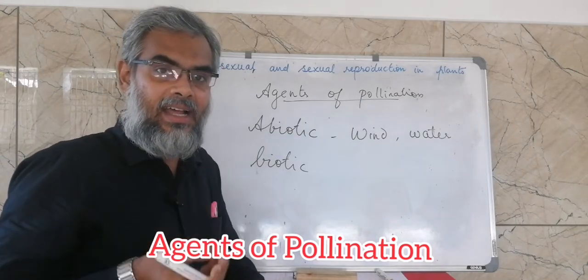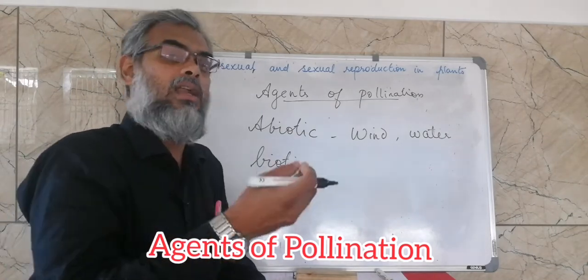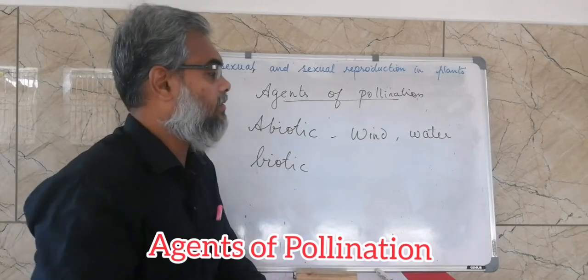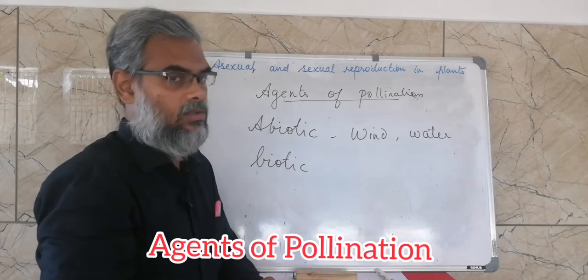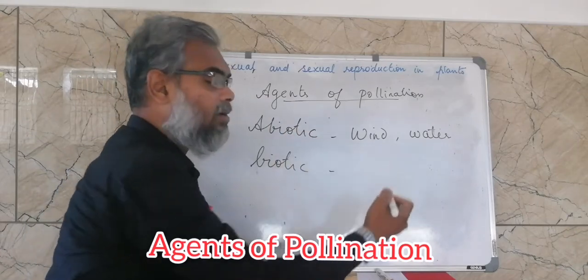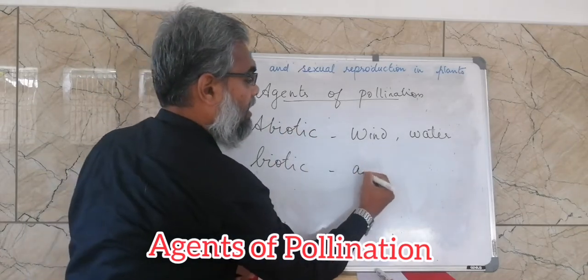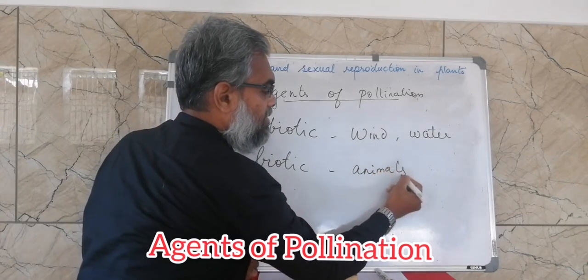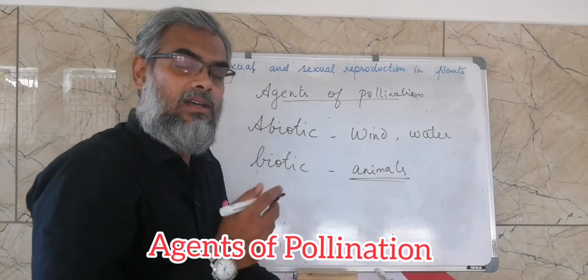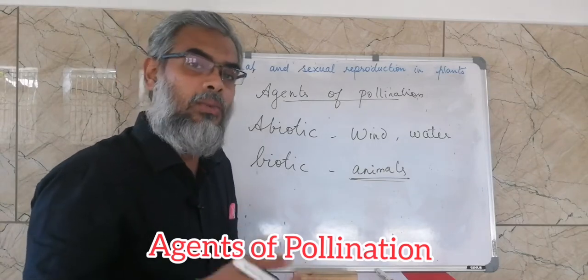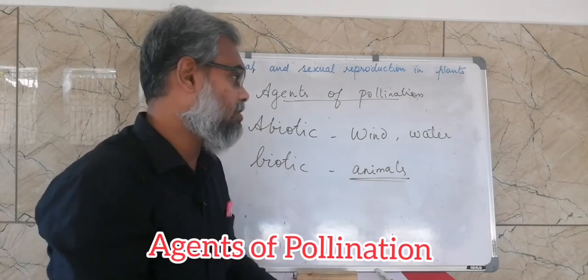Wind carries pollen grains to the stigma of another flower, and in some cases water also. And biotic, that is, by animals. Animals is the general term, but in animals we have so many sub-classifications also.